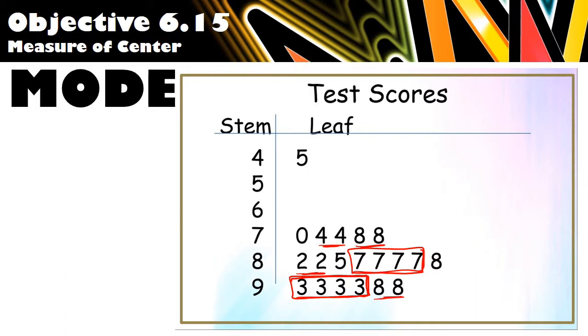So here our mode is two numbers now. So our mode is 87 and 93. And if we have two numbers that show up the same amount of times, this is called bimodal, because we have two numbers that show up the same amount of times.